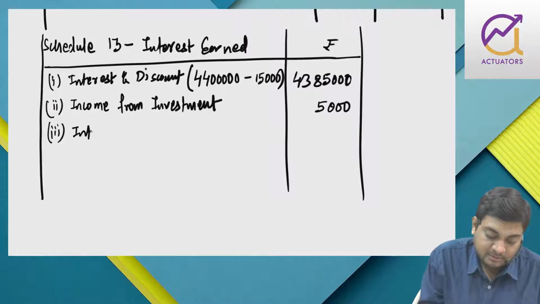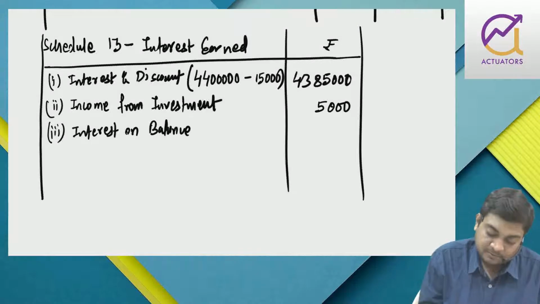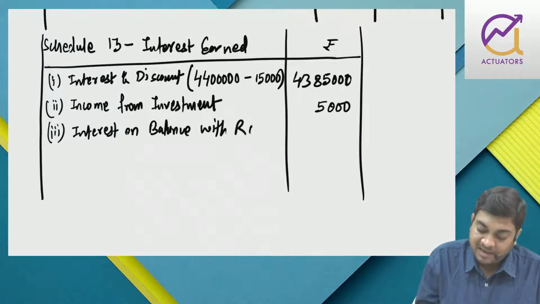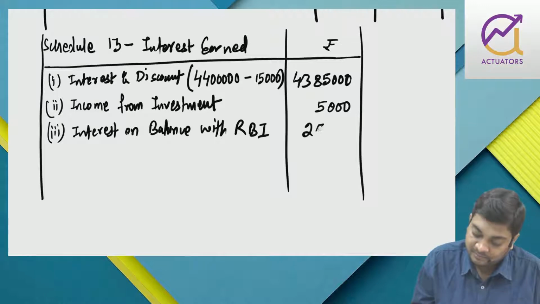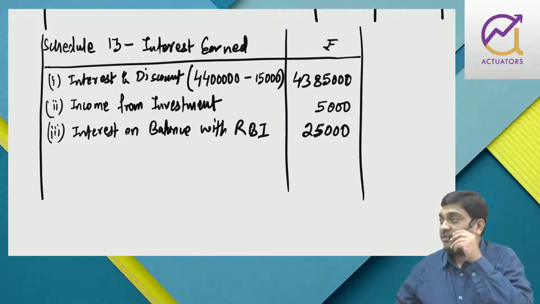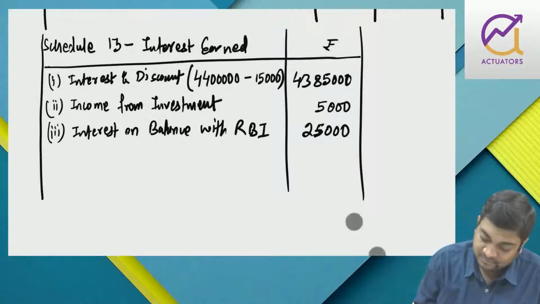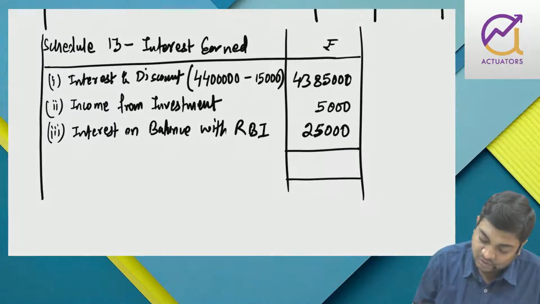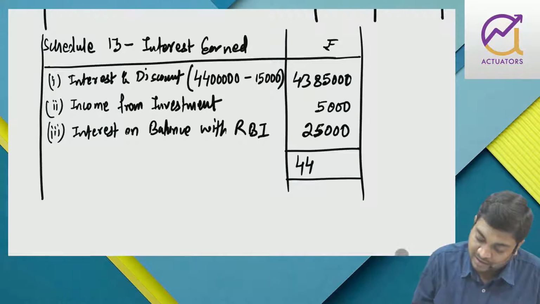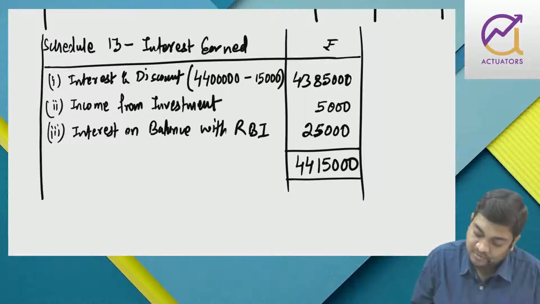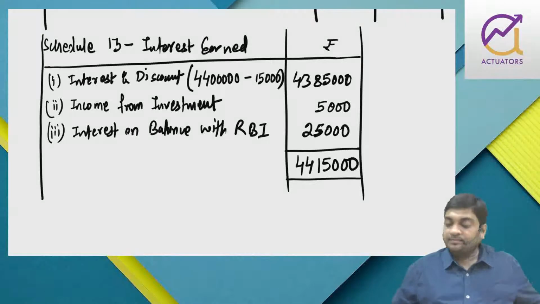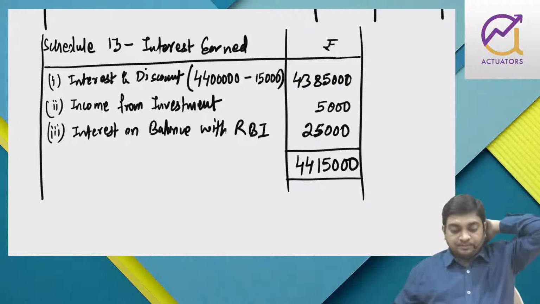Then interest on balance with RBI, 25, right? That's it. So how much is this? 44 lakh 15,000. I guess this is absolutely fine with all of you.